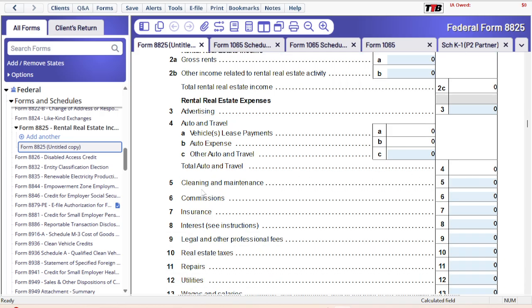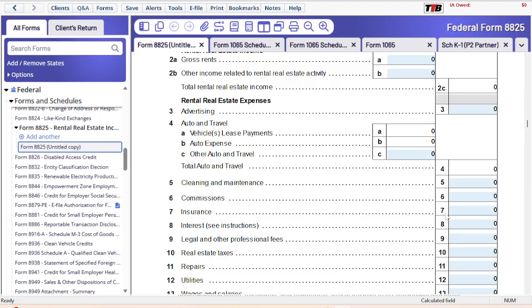Cleaning and maintenance, so between tenants, if you go and clean the property, or you pay for carpet shampooing, or a company to shampoo the carpet before a new tenant moves in, or things like that, or just to cut trees down on the property, or mowing between tenants, those will go on line 5. If there are some commissions you pay, they will go on line 6.